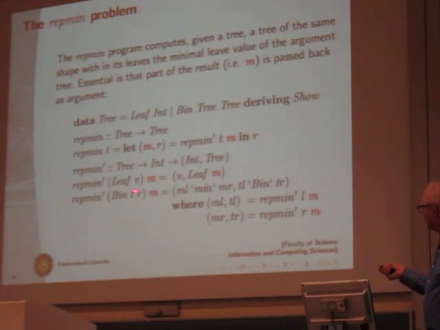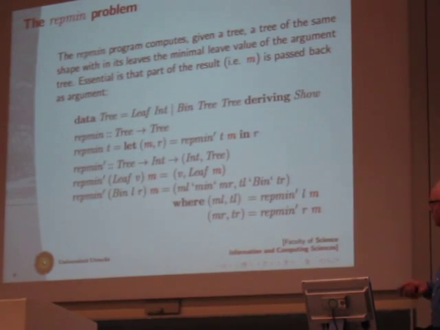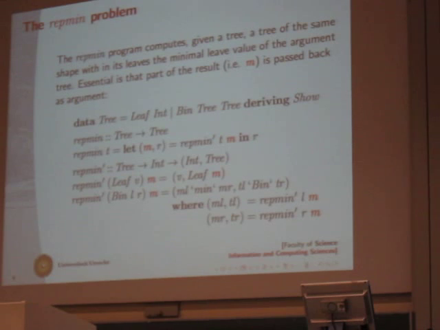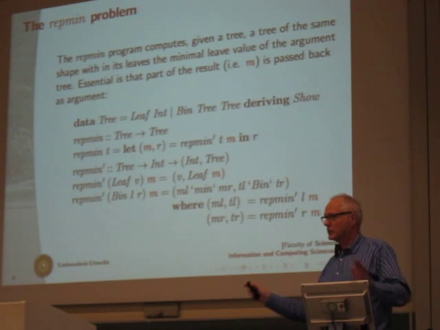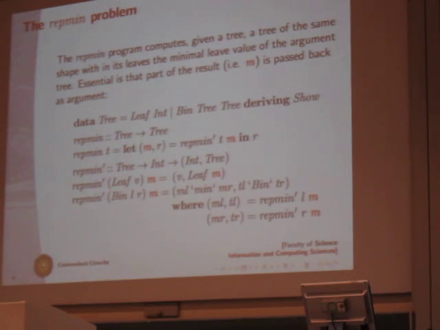And otherwise, if I have a binary tree, then I walk over the left tree, I walk over the right tree, and you get the left minimum and the right minimum, a left tree and a right tree as a result. I combine the two minima to compute the minimum of those two trees, and I construct the resulting tree. So in all the programs I'm going to show you, it's the same pattern. I show you a lot of Haskell, but it's always the same Haskell with small changes.